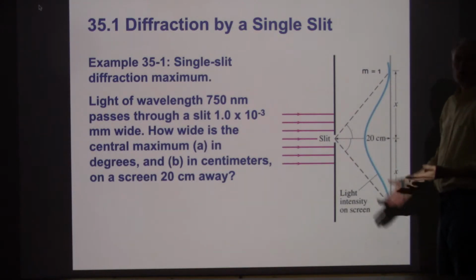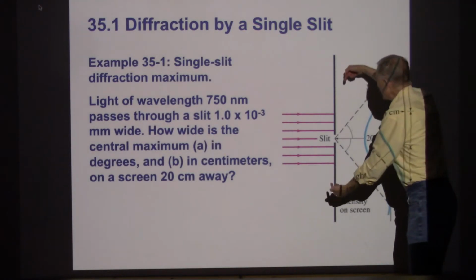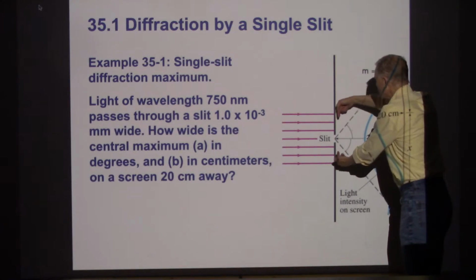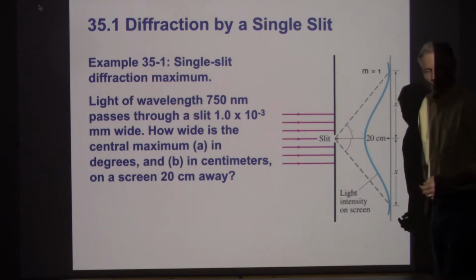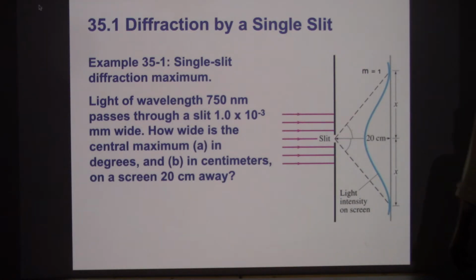It's kind of counterintuitive. If I'm trying to cause the light to go through a narrower and narrower opening, I will fail, because as I try to get the light to go through something narrower and narrower, it just spreads out more.